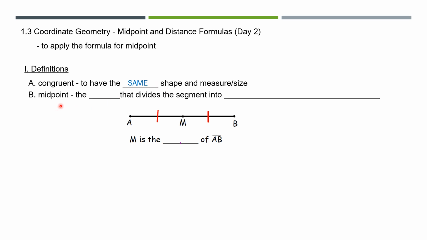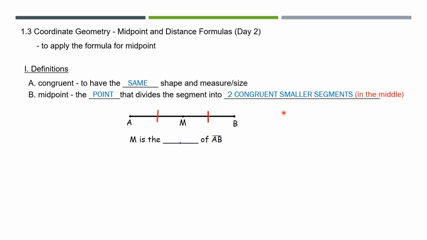A midpoint, by definition, this is one of those nice geometry terms that's kind of telling you what it is without telling you what it is. So it's a middle point. Unfortunately, that is not the actual definition, but it gives you the general idea. So it is in fact a point that divides a segment into two congruent smaller segments.